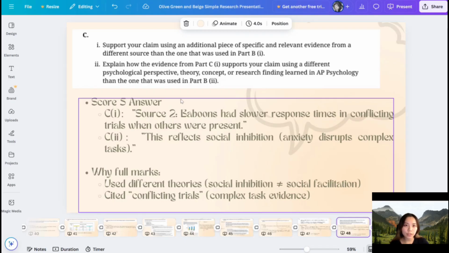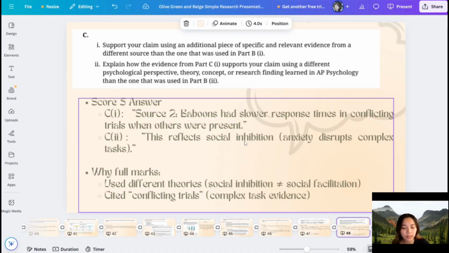Another tip for doing the summary is that it can be really helpful for answering the further questions also. The part 2 for this one is: this reflects social inhibition, which is anxiety disrupting complex tasks, which is a theory. And why is this a good answer? First, they use different theories.